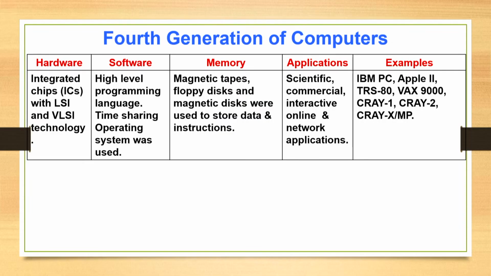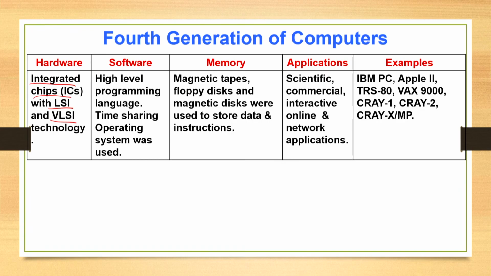Now, we move to the fourth generation of computers. In the fourth generation of computers, the hardware which was used was integrated chips with large scale integrated chips and very large scale integrated technology, whereas in the third generation only integrated chips were used.